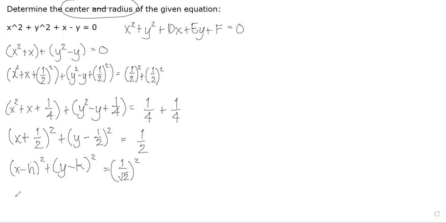So, kumbaga, yung center natin, which has a coordinate of h, k, h natin ay, since positive 1/2 yan, this can be expressed as x minus negative 1/2. Negative 1/2. So, negative times negative, that's positive. So, if x minus h, yung h natin ay negative 1/2. Or, in other words, pwede lang natin i-reverse yung sign niya.